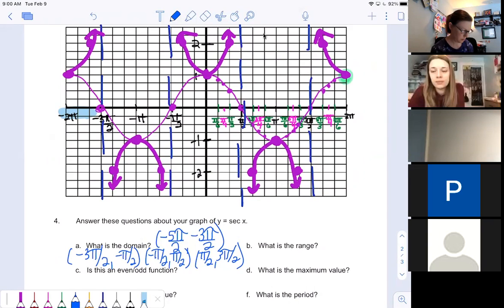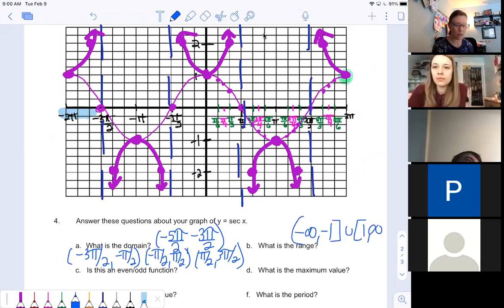I got -infinity to -1 in union with 1 to infinity. Yeah, nice job. And those ones are in brackets because that would be the tip of that parabola shape. So they are in brackets there.